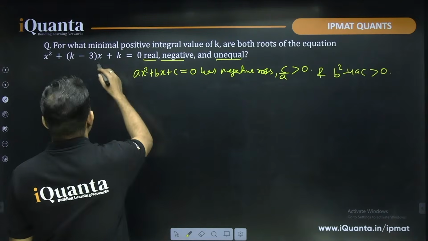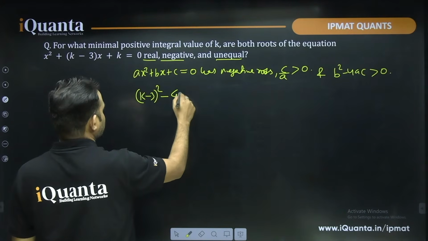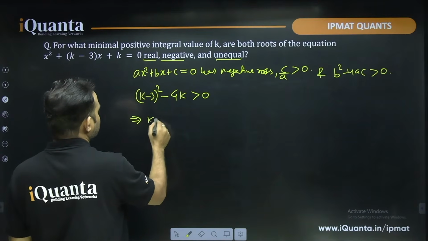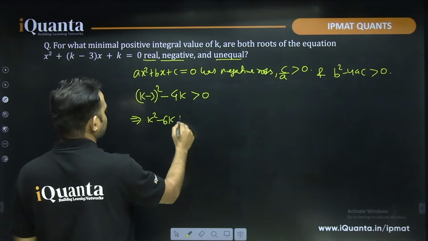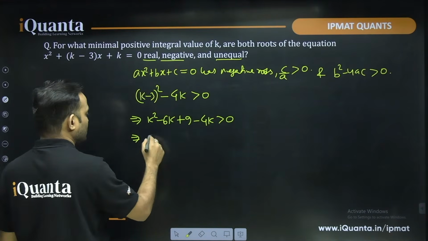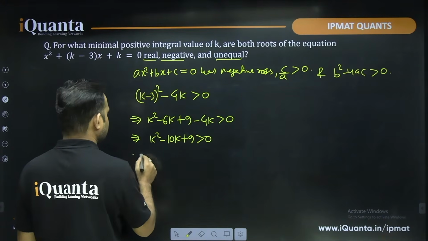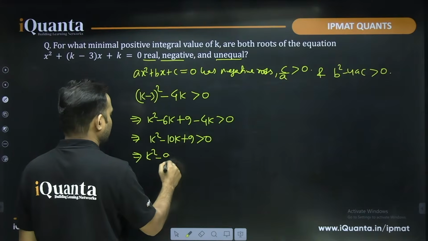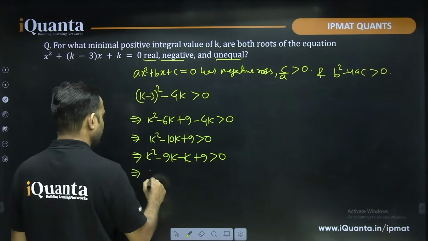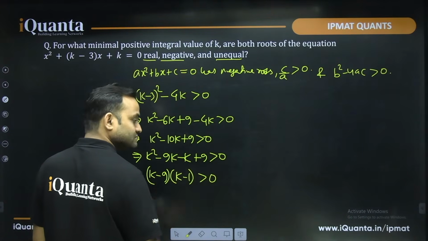So what we can say here, (k minus 3) whole square minus 4k should be greater than 0, or k square minus 6k plus 9 minus 4k should be greater than 0, or k square minus 10k plus 9 should be greater than 0, k square minus 9k minus k plus 9 should be greater than 0, (k minus 9)(k minus 1) should be greater than 0.